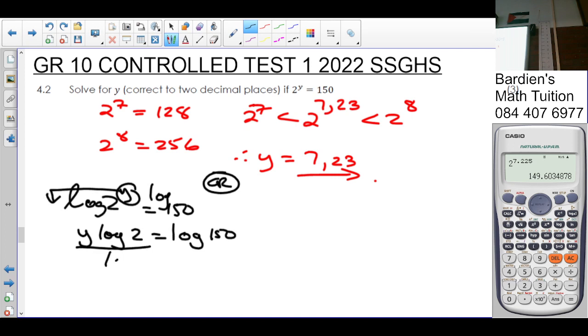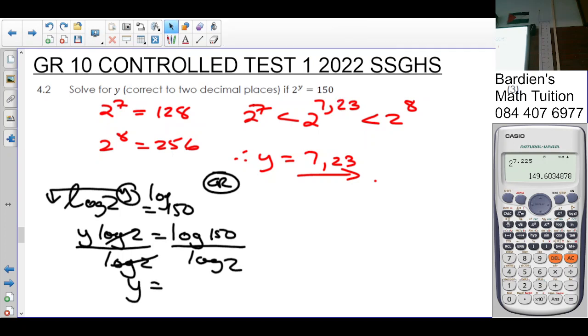So I divide by log 2 both sides, that's to get y on its own, which now gives us log 150 over log of 2, 7 comma 2 3. Which also confirms our previous answer. Okay?